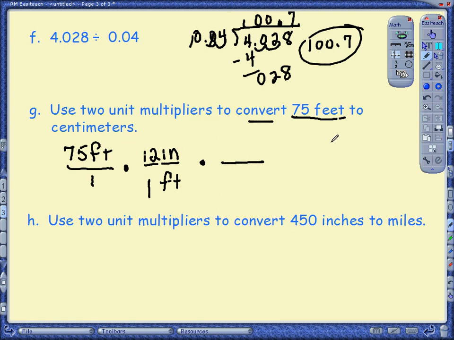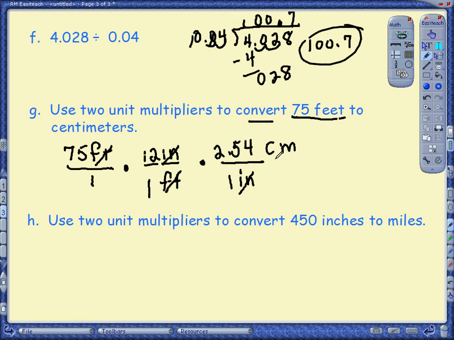1 inch is 2.54 centimeters. Let me see on page 21. I've forgotten that myself. And it's 2.54 centimeters. Okay, so 1 inch is 2.54 centimeters. It's the bridge from British measurements into metric measurements. Now that we're done, we can cancel out our feet, just like we're canceling out a number, and inches, just like we're canceling out a number.